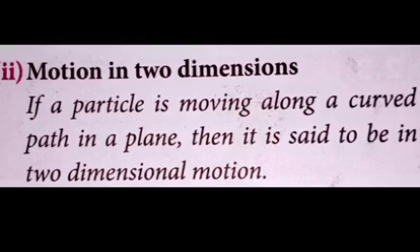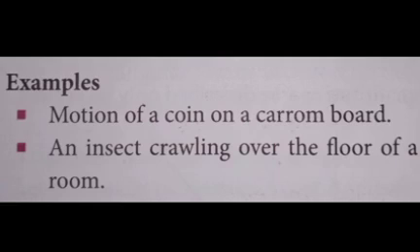See the example, the motion of a coin on a carom board. If we strike the striker to hit the coin, the movement of the coin is considered 2 dimensional. And next, an insect crawling on the floor of a room, which means the movement of the insect on the floor is also considered motion in 2 dimensions.